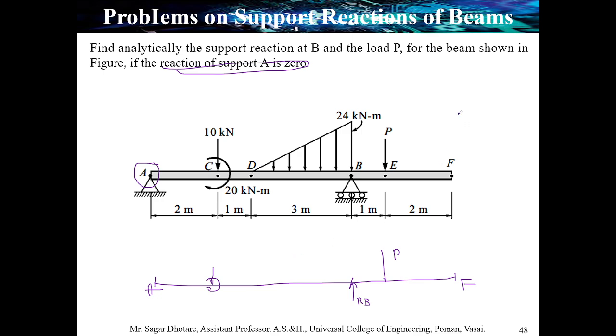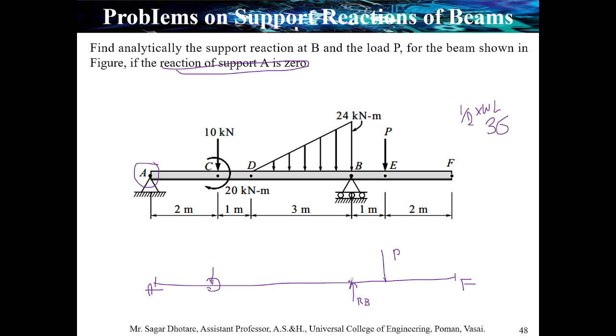For UVL, the magnitude will be 1/2 into W into L, that is 24 into total span distance 3 meter divided by 2. 24 multiplied by 3 is 72, divided by 2, that is 36 kilonewton.